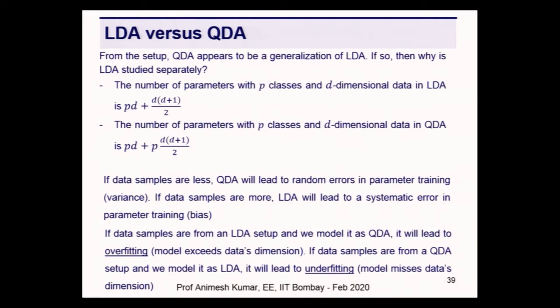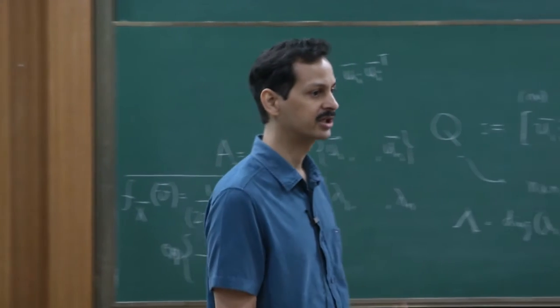So let us say the data was coming from 3 classes having the same covariance, okay? So here the model is that the ground truth, which is giving me the data, has multiple classes, but all the classes have the same covariances. But I still go ahead and model it as QDA, because I have lots of training samples, and I believe that QDA is more general than LDA.